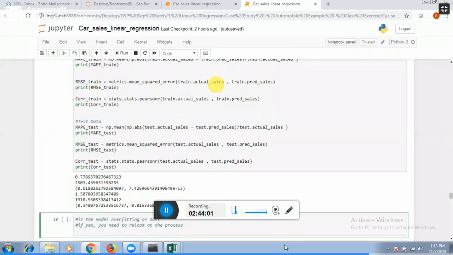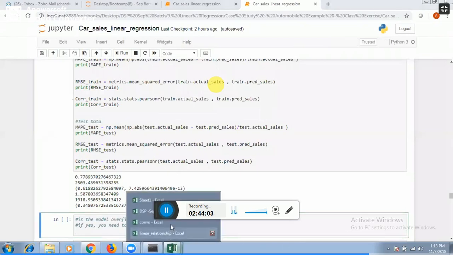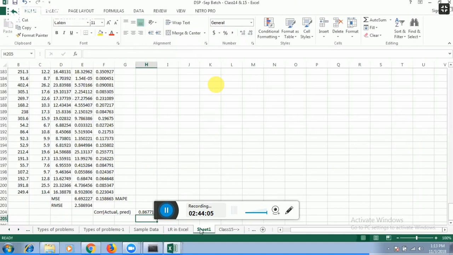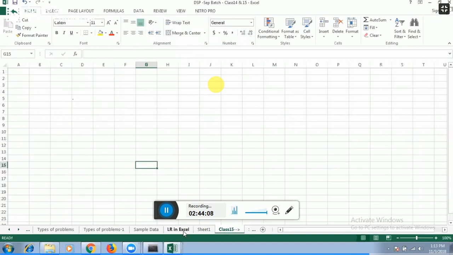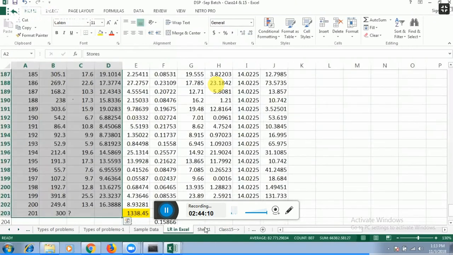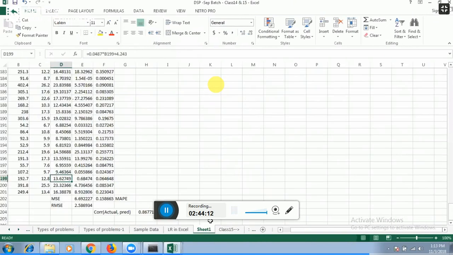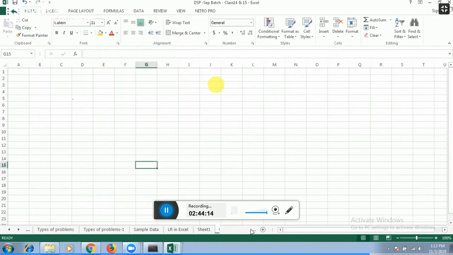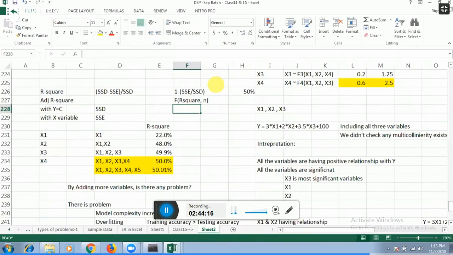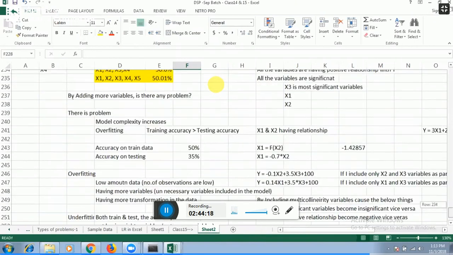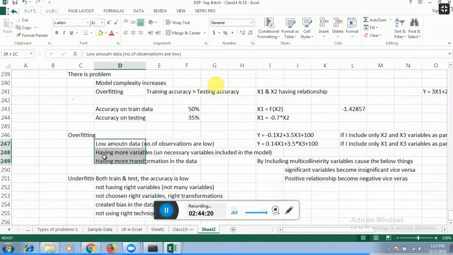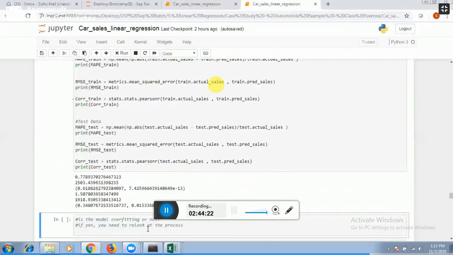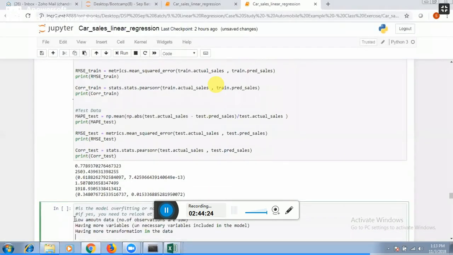I already told you the possible reasons for overfitting the model. It could be any reasons. I already mentioned that these can be some reasons: low amount of data, or having more variables, or having more transformation in the data.